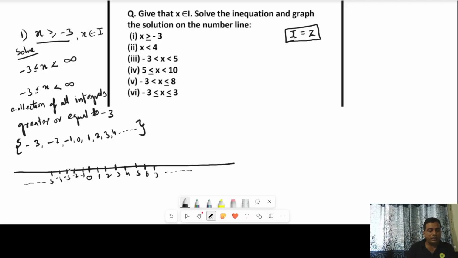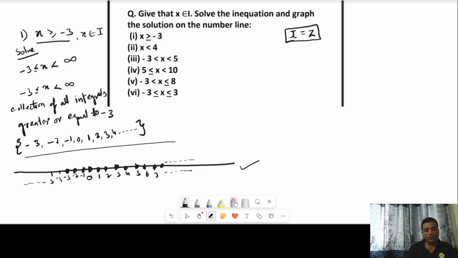So all the integers greater than or equal to minus 3: first is minus 3, then minus 2, minus 1, 0, 1, 2, 3, and so on. It's the representation on the number line of this solution set. So it is your graph.